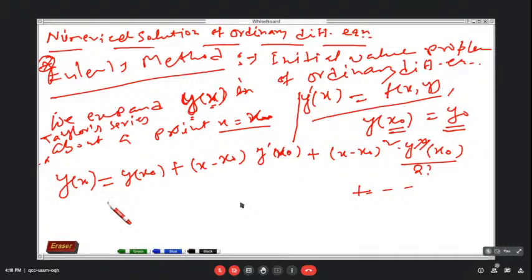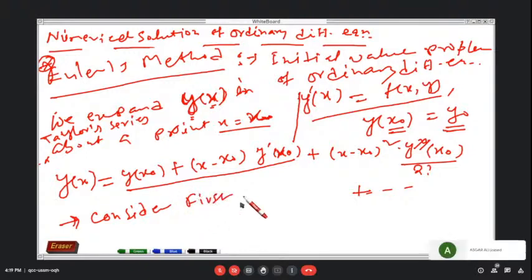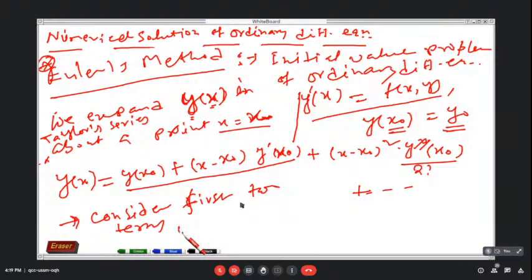Now if we consider only the first two terms, the simplest approximation of this Taylor series, this is the simplest approximation.